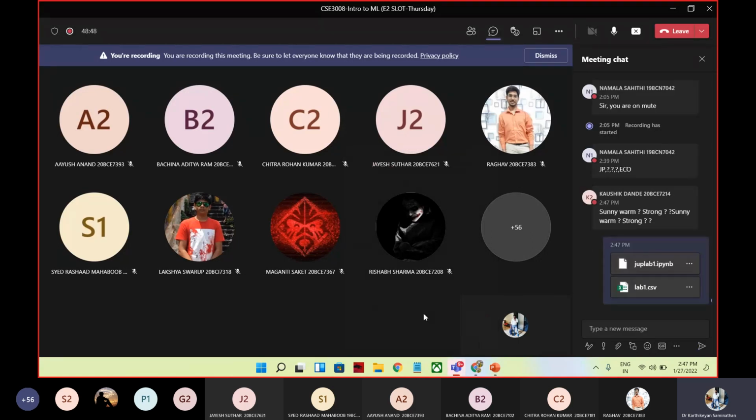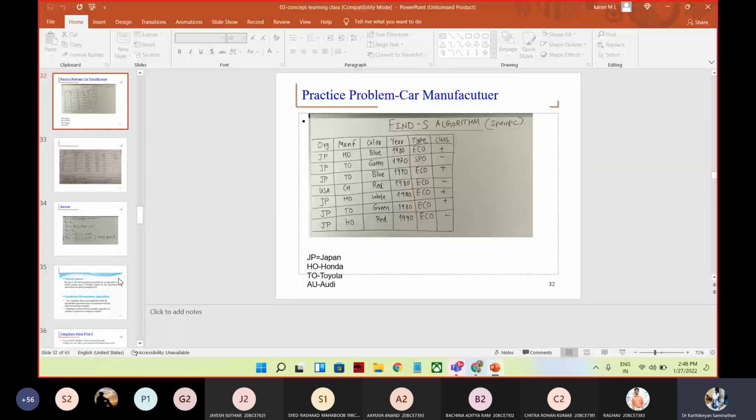Kausik, is the answer for the last given problem?